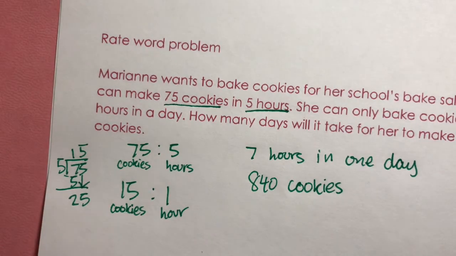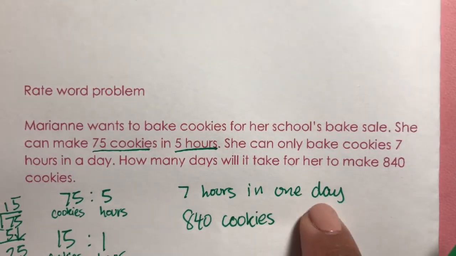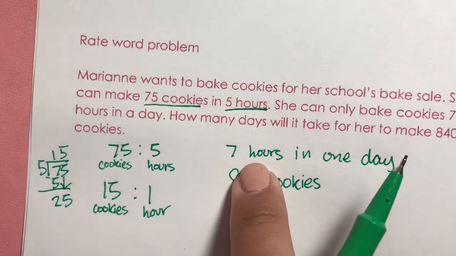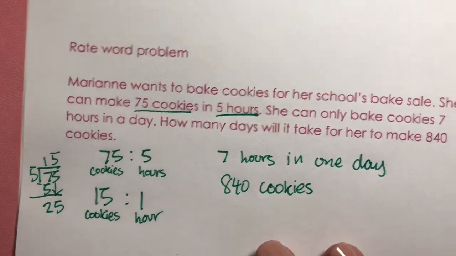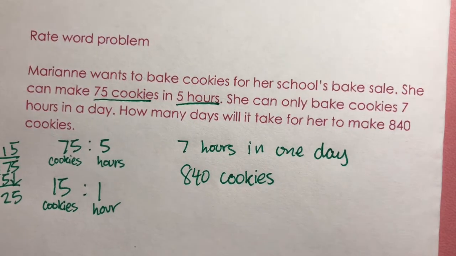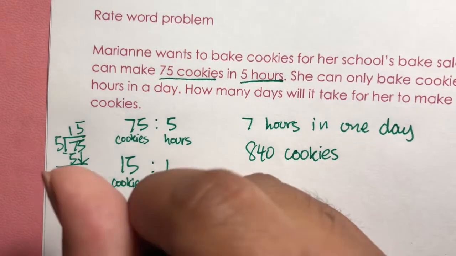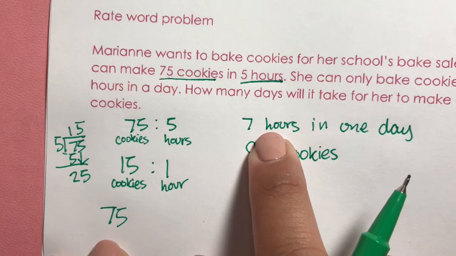Now that we figured that out, we can figure out how many cookies she can bake in one day. That's the whole reason we were trying to figure out the rate. If we know she can bake for 7 hours in one day, we need to figure out how many cookies she can bake in that one day. We already know how many she can make in 5 hours, which is 75, but she can bake 7 hours in one day.